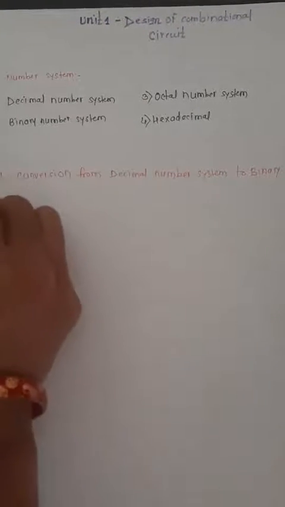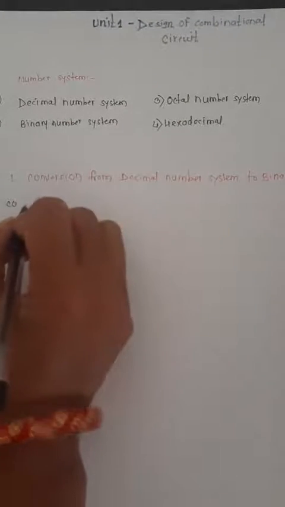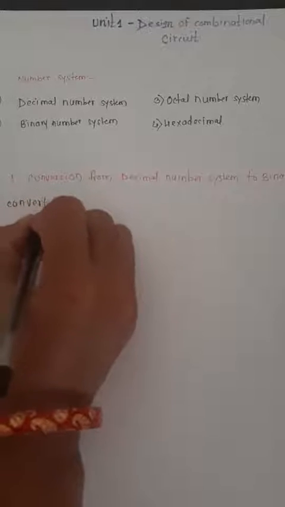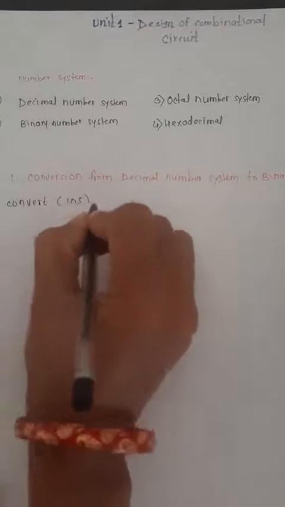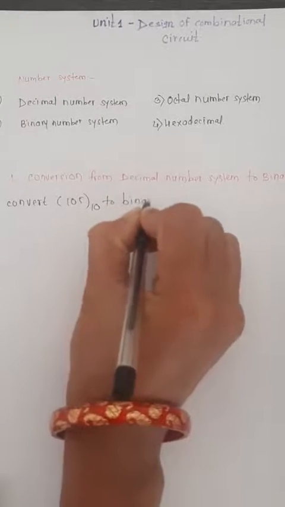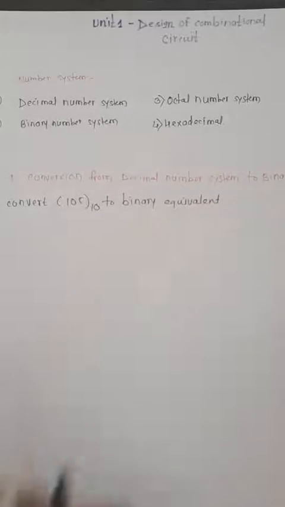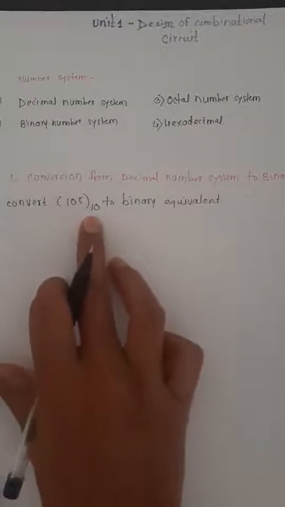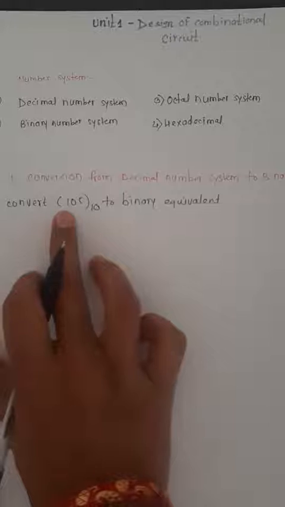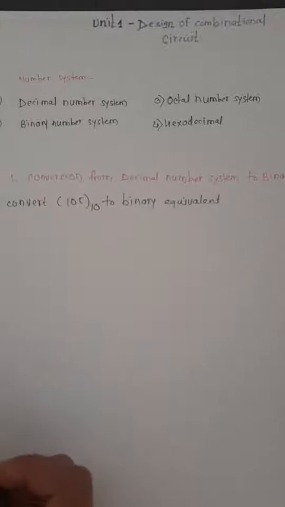So let's take first example. Convert 105 to the base 10 to binary equivalent. As base is 10, this number system is decimal number system, so we have to convert decimal number system into binary number system. We will see one by one.